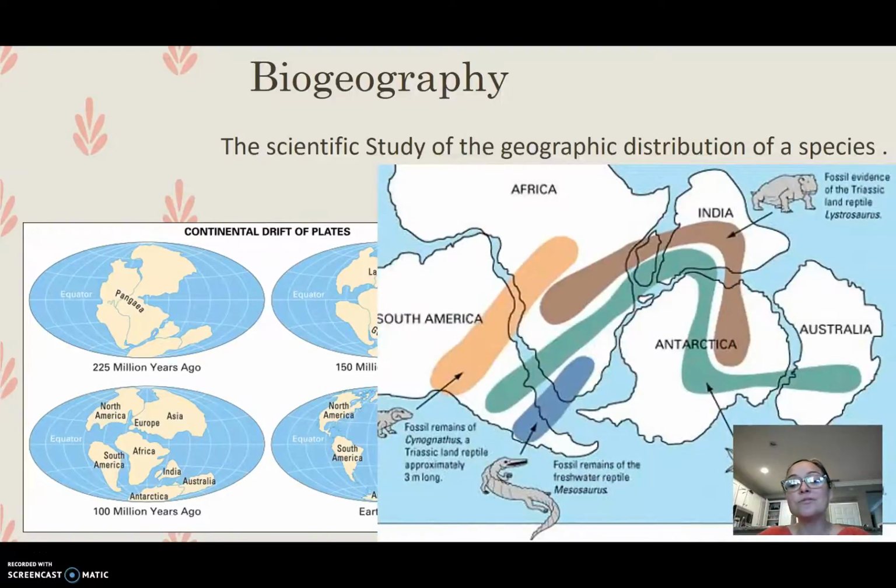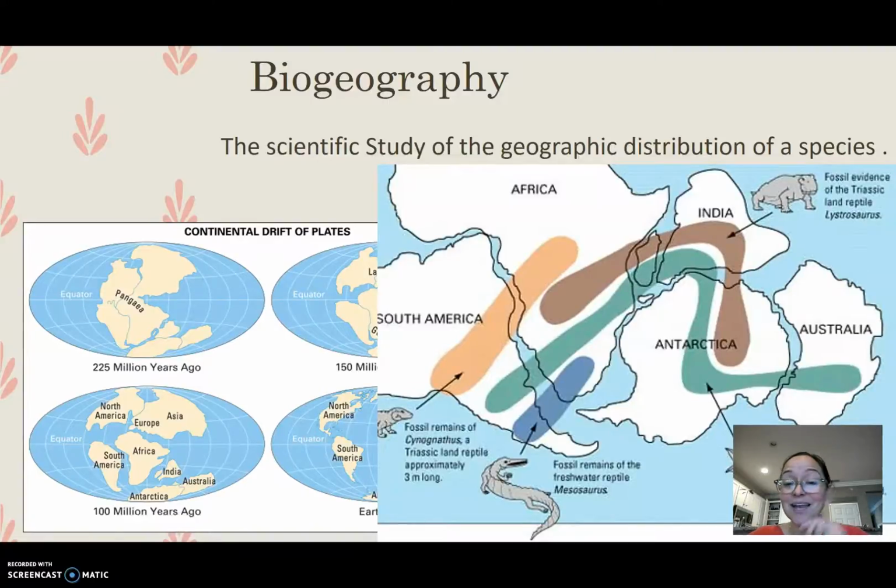We can use that evidence of Pangea to make predictions of where fossils of species originated. For example, when horses evolved, South America and North America were not touching yet. So we would hypothesize that ancestral species of horse would only be found in North America. And so far, the evidence that we have gathered holds that to be true.